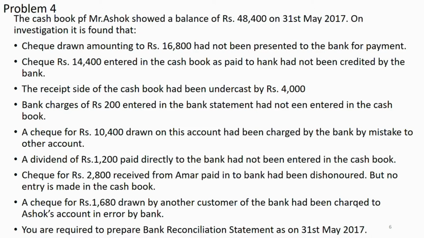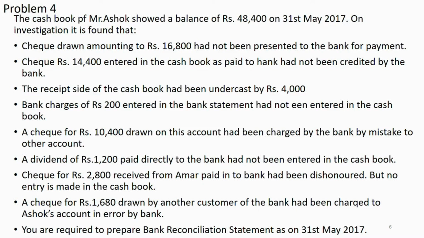A check has been drawn for an amount of rupees 16,800 which has not been presented to the bank for payment. We have made a payment of 16,800 by check. The moment we make the payment by check in the cash book payment side, we will record it, because of which the balance as per cash book will go down.